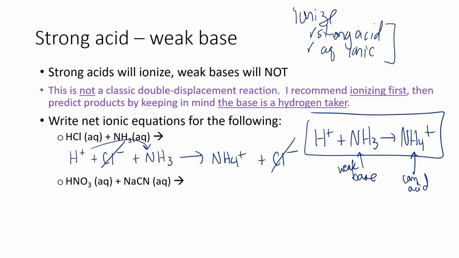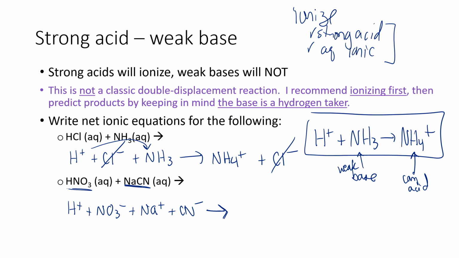All right, so HNO3, it's a strong acid, so I'm going to ionize it. There you go. This right here is an aqueous ionic compound, so I'm going to ionize it as well. And let's see what might happen here. I see that there must be a possible weak base in here somewhere, a good hydrogen taker.